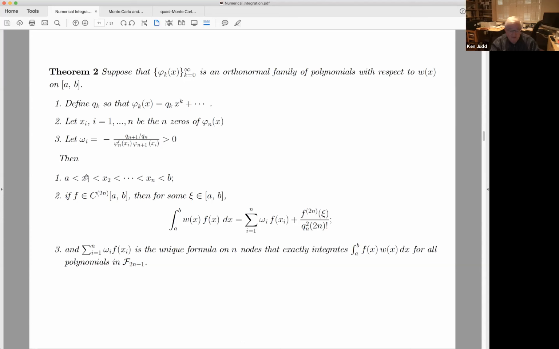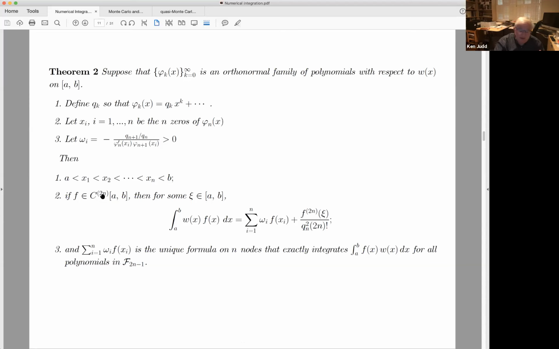And then the conclusion is that these n zeros line up in order between A and B. None of these zeros are outside that interval. That's the part of the magic here. All of them are inside this interval AB.